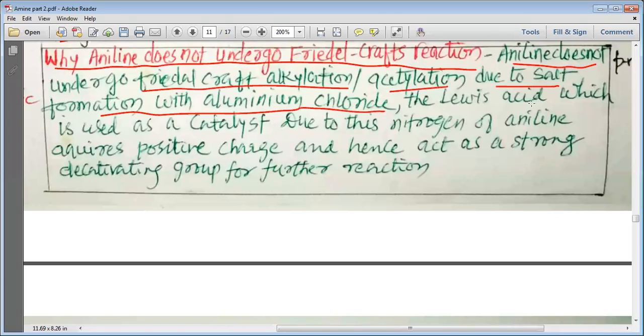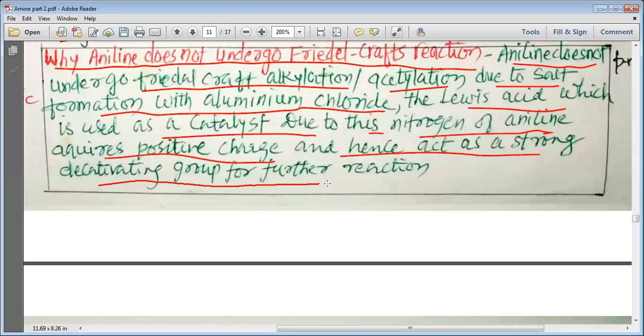The Lewis acid, which is used as a catalyst, due to this, the nitrogen of aniline acquires a positive charge and hence acts as a strong deactivating group for the further reaction. Let me explain it to you, my dear students. For the Friedel-Crafts reaction, we generally use anhydrous AlCl3.